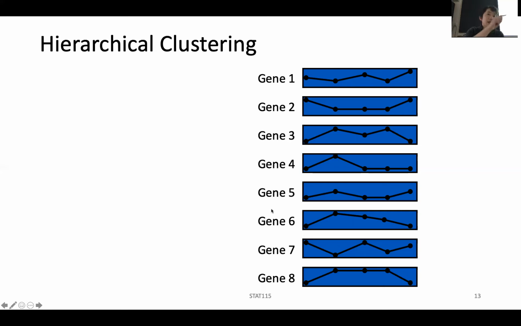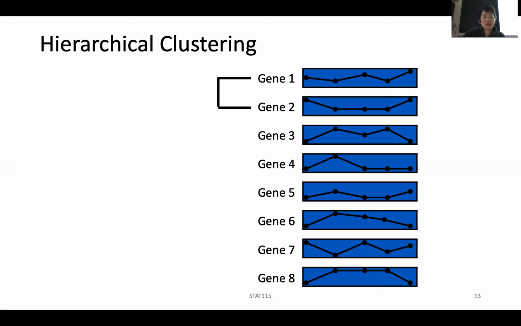Okay, so that's n times n minus 1 divided by 2 comparisons, or the pairwise comparisons for the distance. And so for hierarchical clustering, what you do is you first cluster the samples that have the smallest distance, which means the closest two together.